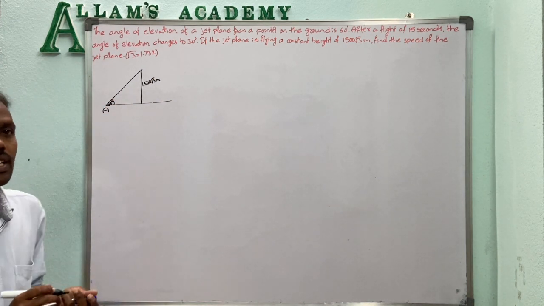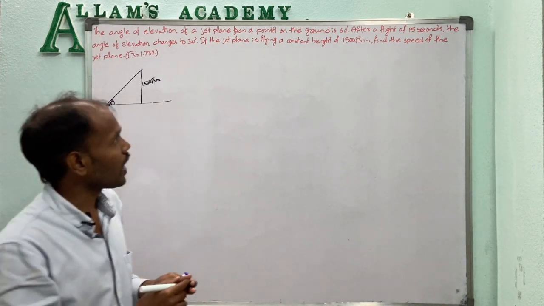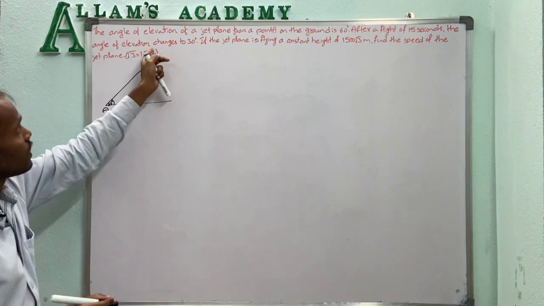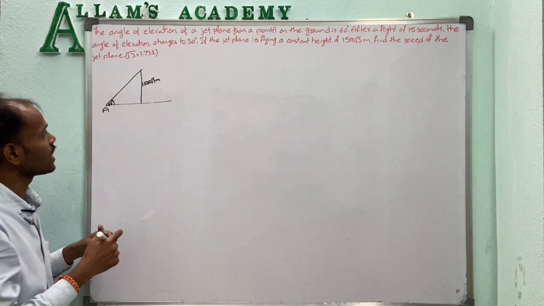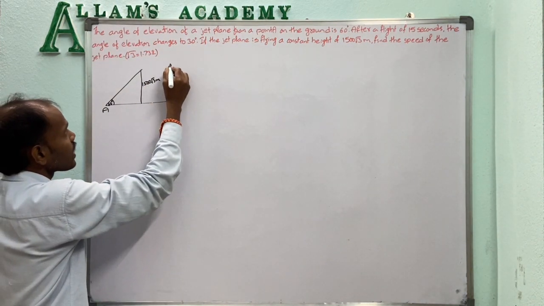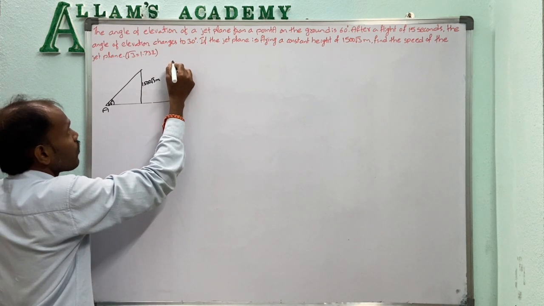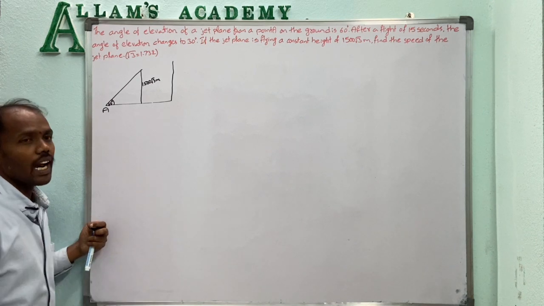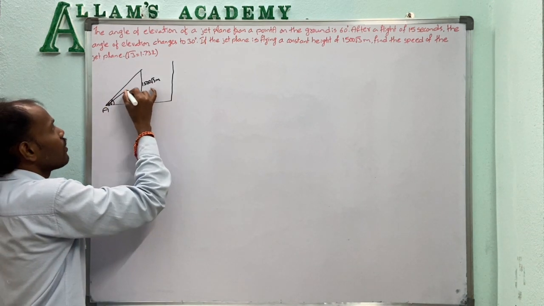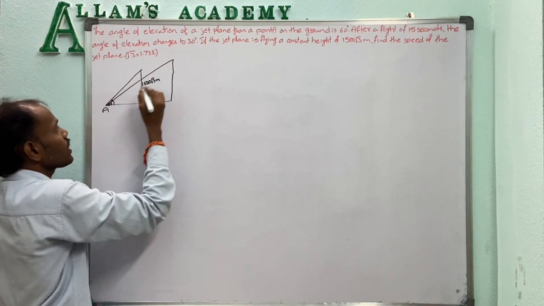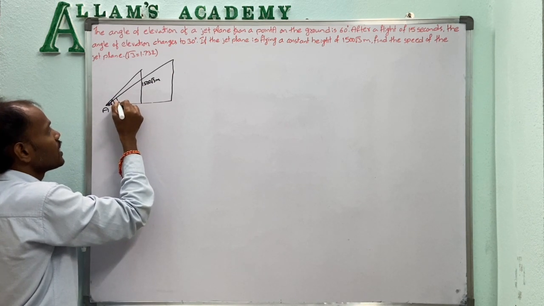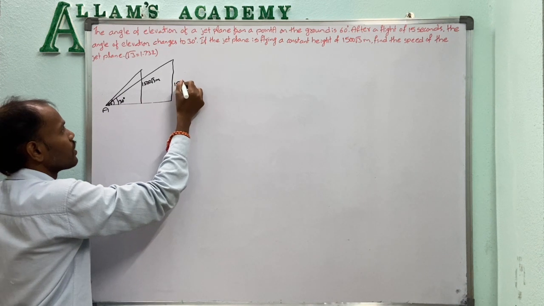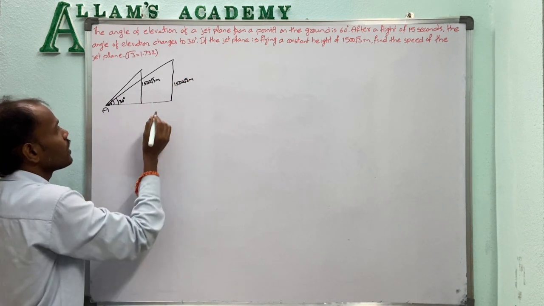Next, after a flight of 15 seconds, the angle of elevation changes to 30 degrees. So after 15 seconds, the flight will be here. Now here we observe with an angle of elevation of 30 degrees. Here also the same height, 1500 root 3 meters.